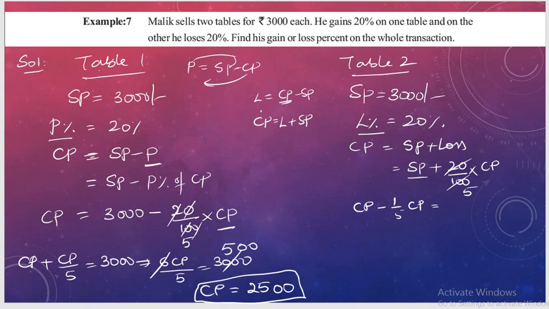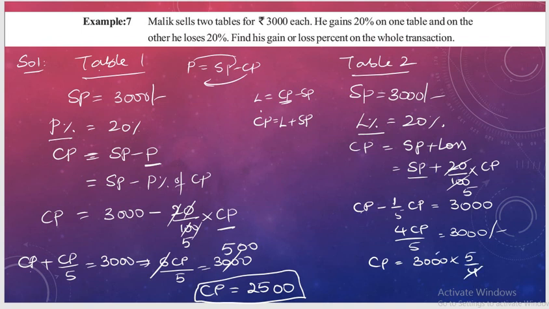so what is the selling price here? 3000, right? So 5 ones are 5 minus 1, so this gives me 4 CP by 5, which is equal to 3000. Now from this, what is CP? So CP is equal to 3000 into, this 4/5 can be transposed as 5/4.